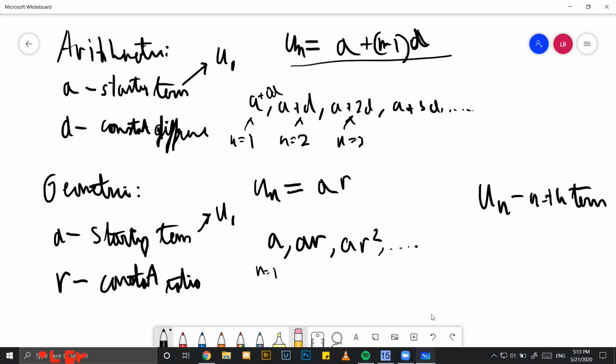When n is equal to 1, the exponent is 0, r to the power 0. n is equal to 2, it's r to the power 1. n is equal to 3, it's 2. Again, same thing. n minus 1 is the exponent over here. So these are the two forms for the different sequences, and this is why they exist like so.